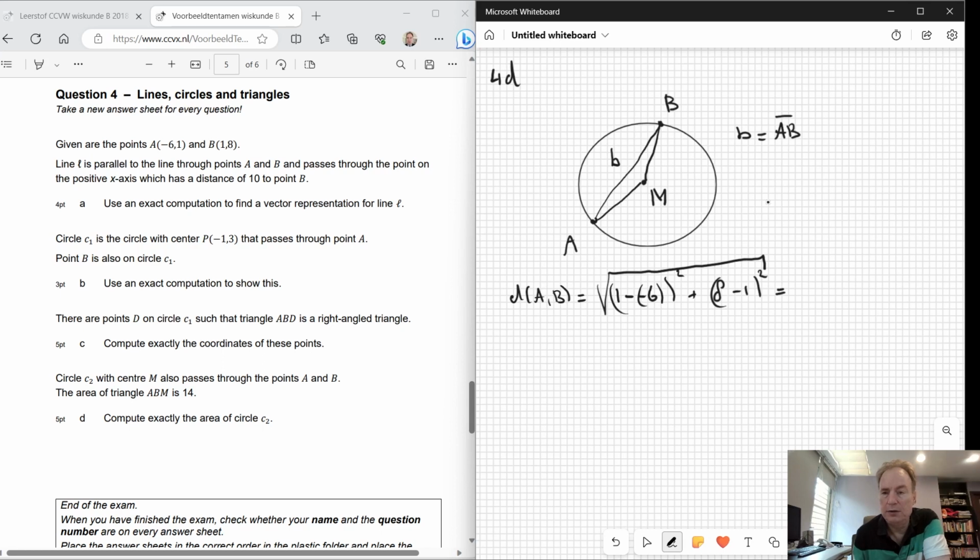So that is 7 squared plus 7 squared, that is 49 times 2, the square root of 98.